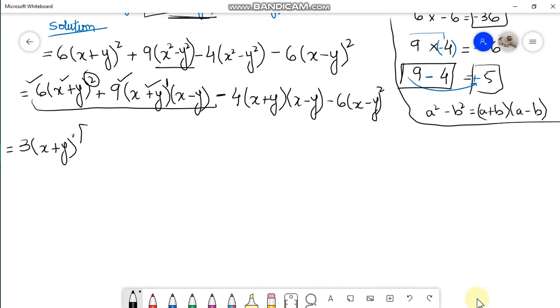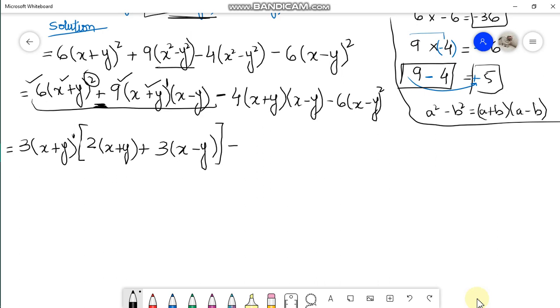After taking common, I will use another bracket, like a curly bracket or large bracket. So I have (x plus y) first, the coefficient 3 twos are 6, so 2 is remaining, and one bracket of (x plus y) is remaining. And now the positive sign, and 3 threes are 9. The positive bracket is common and only the negative bracket is remaining.